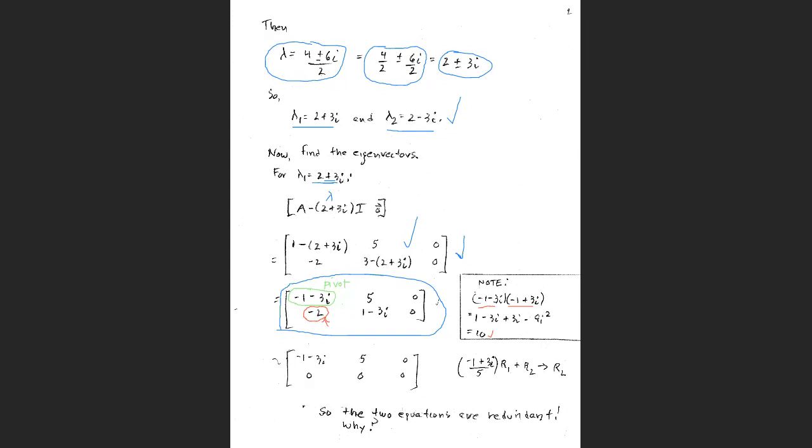Because what is i squared equal to? -1, by definition. Imaginary i squared equals -1. And these terms cancel out.